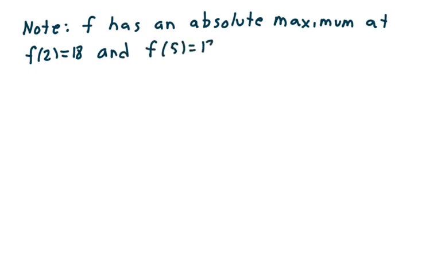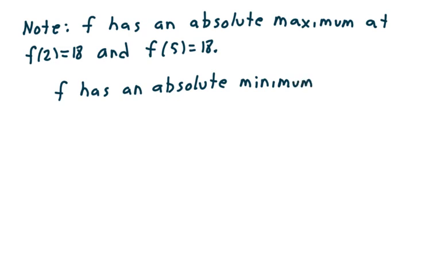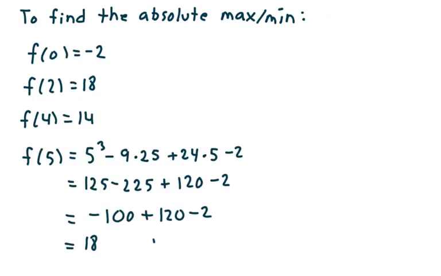F has an absolute minimum at f of 0 equals negative 2. Because notice, if we go back, this is the smallest y value.